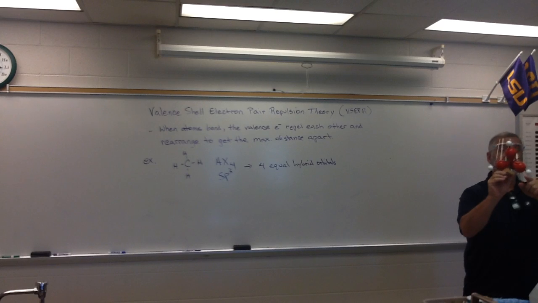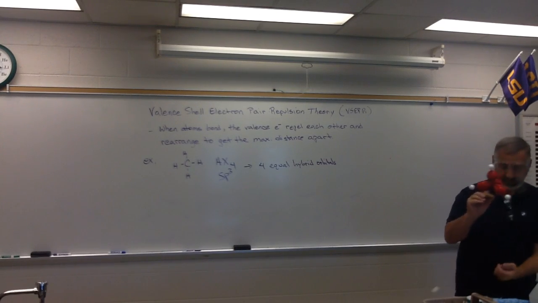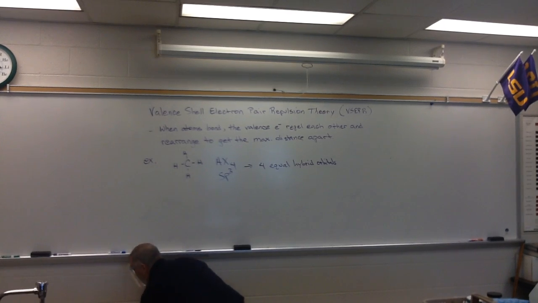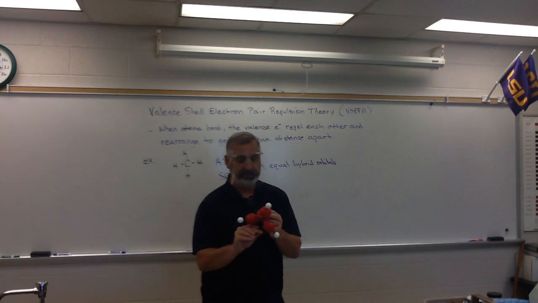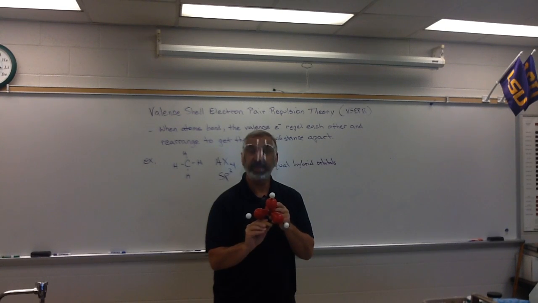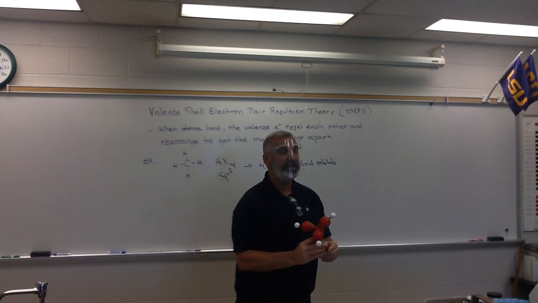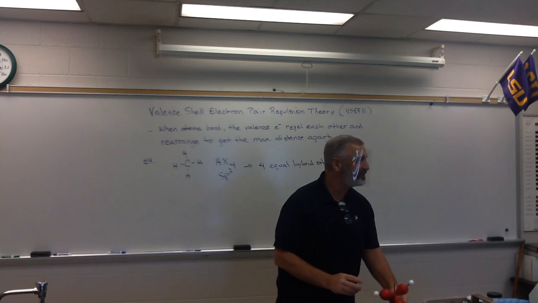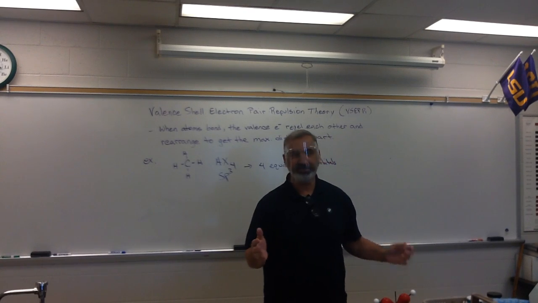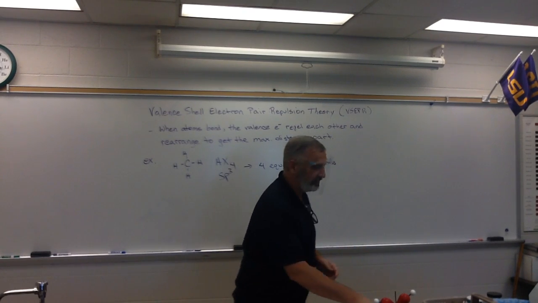So what do we call this shape? What's this shape going to be called? A tetrahedron. I think it's tetrahedrally shaped, I think is the proper grammar on that. I'm not convinced.